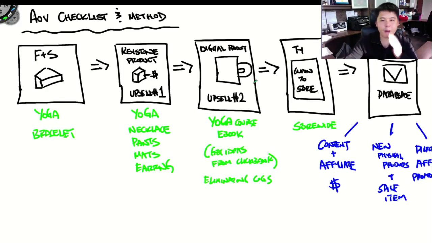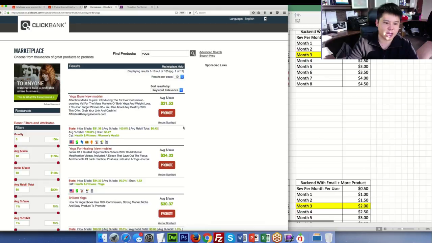And now, remember, okay, the person now came into your store and has identified that they are a yoga lover. They even bought your digital product, so they care about weight loss. So from an affiliate standpoint, you can have a lot of products that you can sell, like yoga for healing, right?